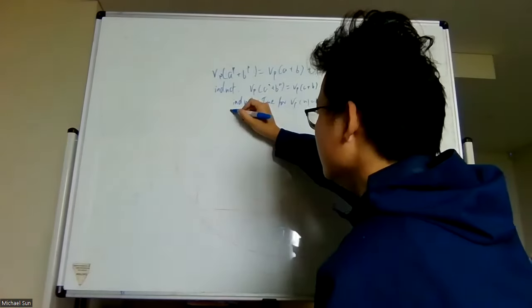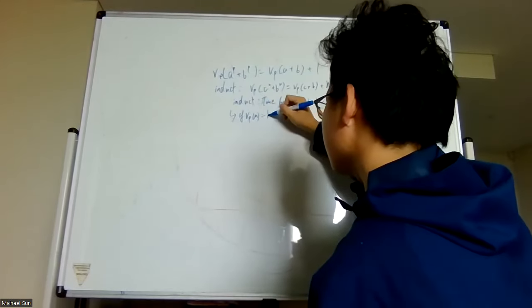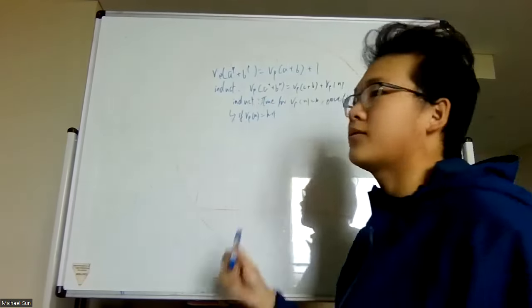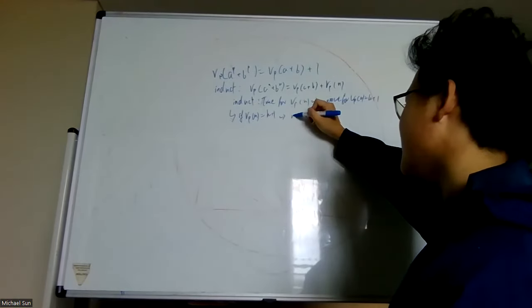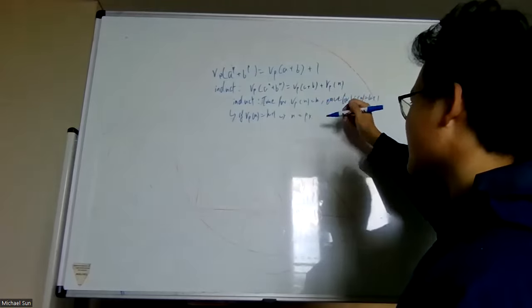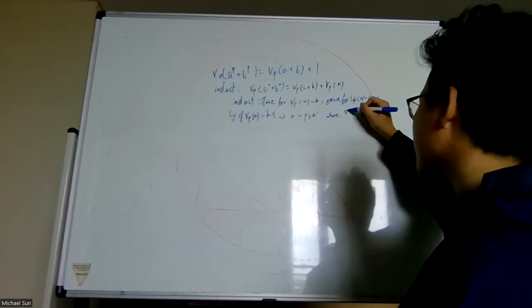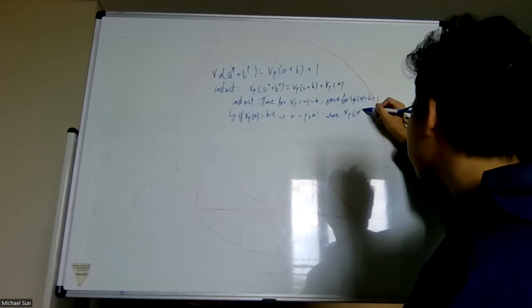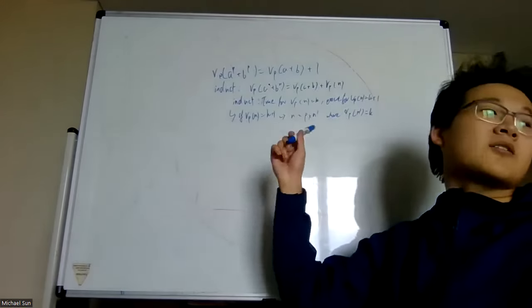If VP of n is equal to k plus 1, we can write n is equal to p times n dash, where VP of n dash is k. Right, you're taking a power of p out.